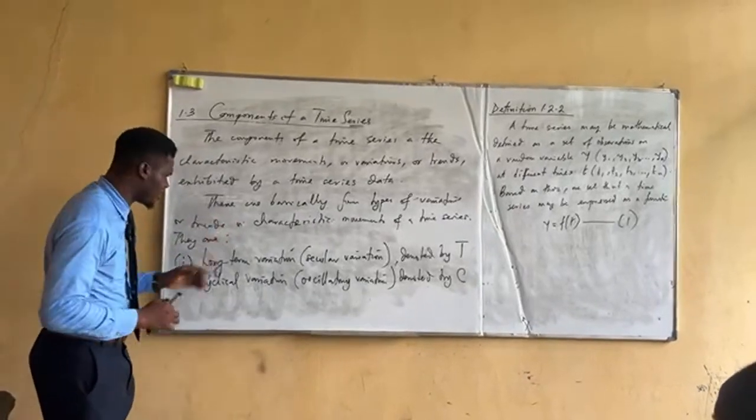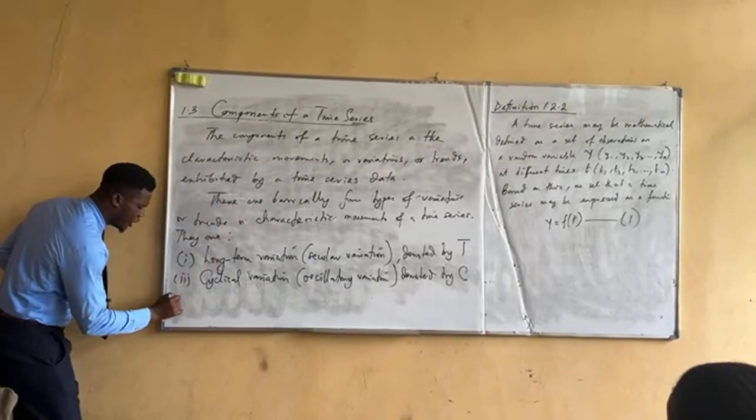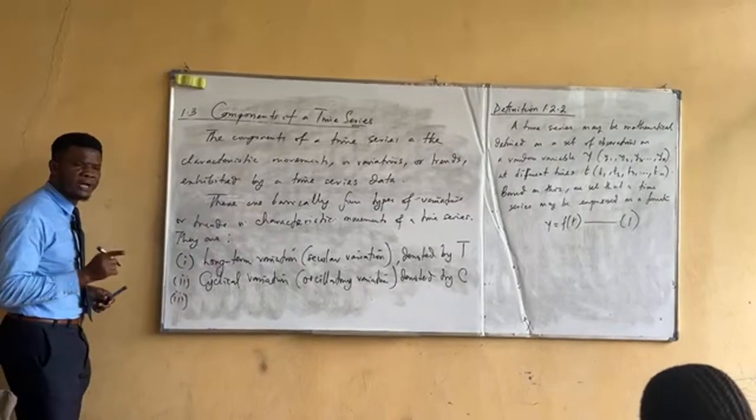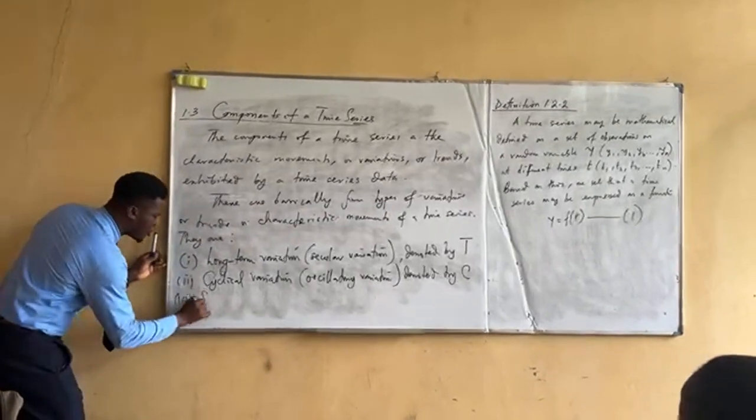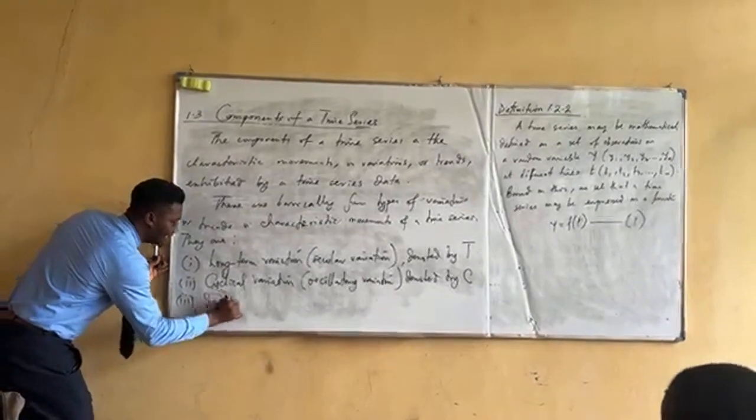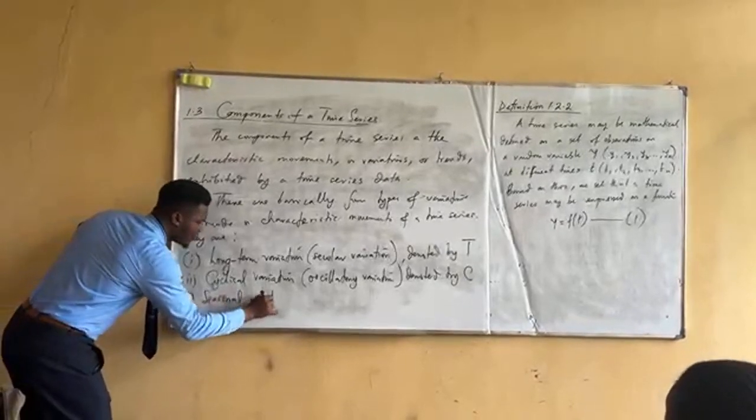Denoted by C. Now, the third component of a time series is what we call seasonal variation.